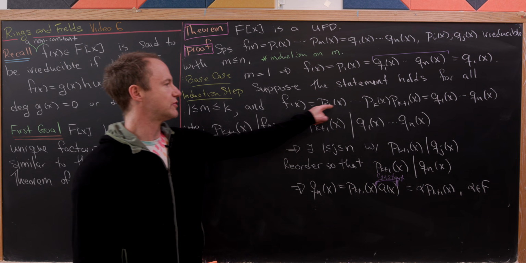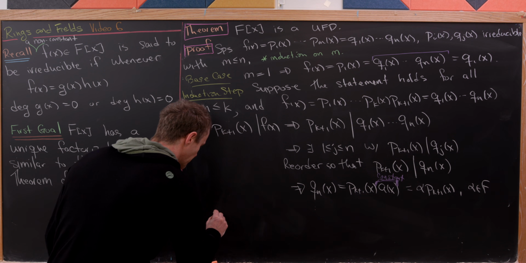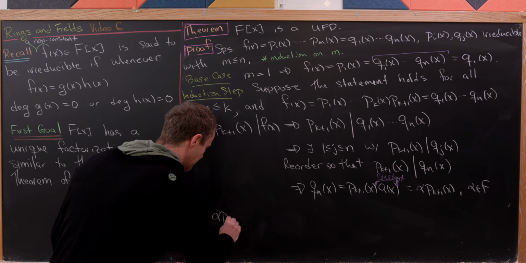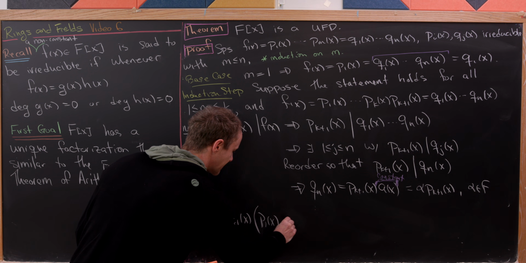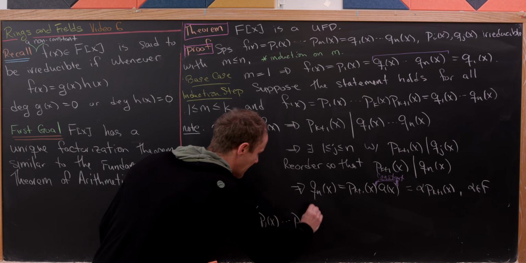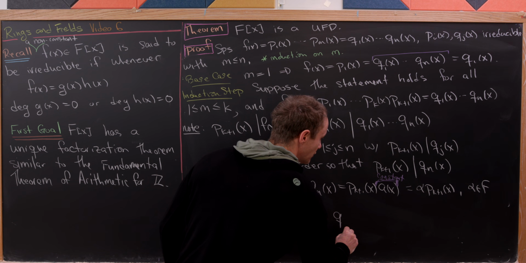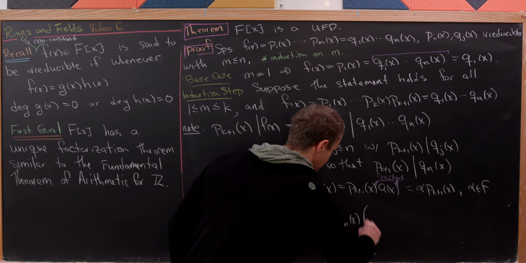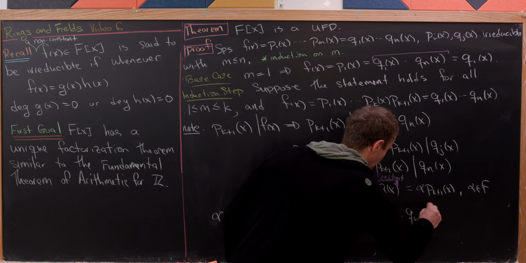But now what I'm going to do is take my original equation up here and rewrite it a little bit. So we've got alpha times pk plus 1 of x, and then times the product p1 of x all the way up to pk of x is equal to qn of x multiplied into the product q1 of x all the way up to qn minus 1 of x.